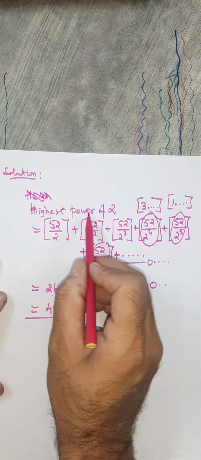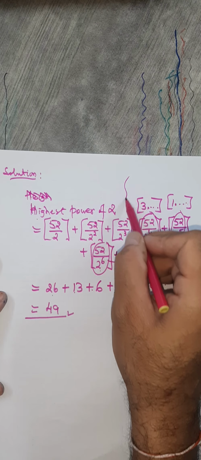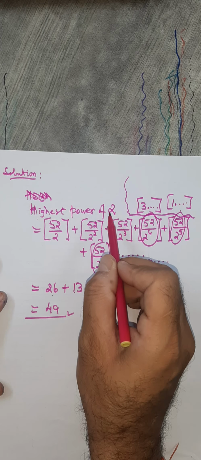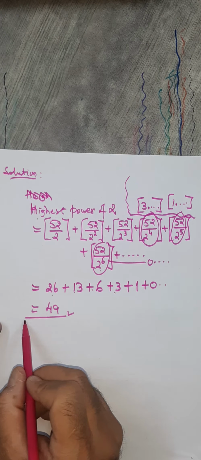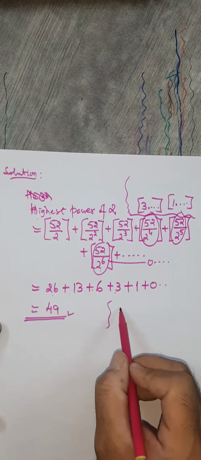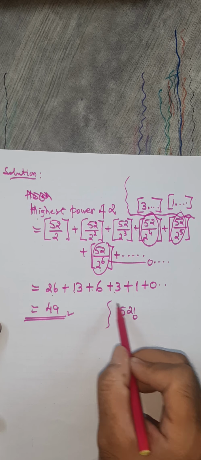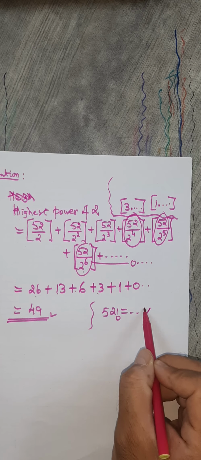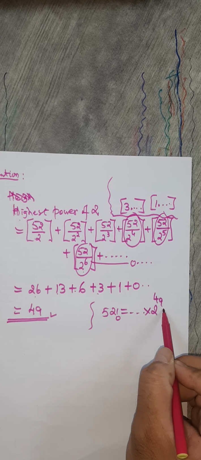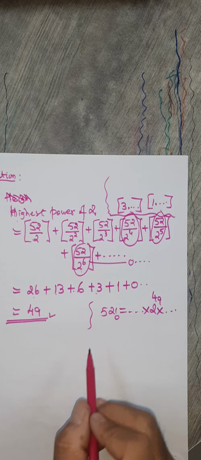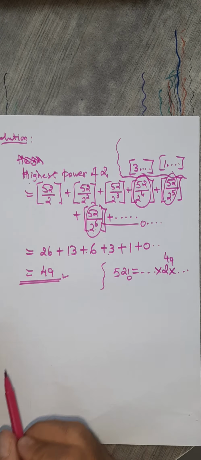Fine. The highest power of 2 in 52 factorial is 49. That means if we write the factorization of 52 factorial, somewhere 2 raised to 49 will be inside. Got it? Understood? That's what we are trying to tell you.